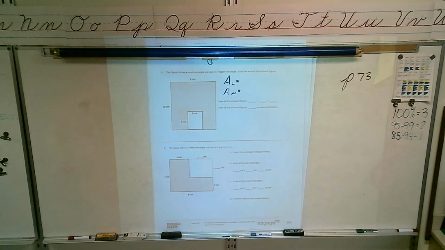Remember, that number sentence they've given you is for the subtraction part. You have to write your own. Very good. Excellent.